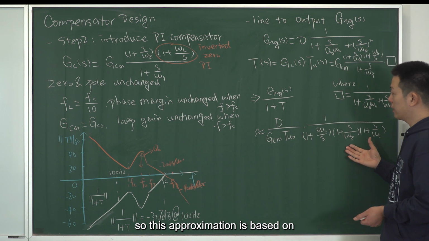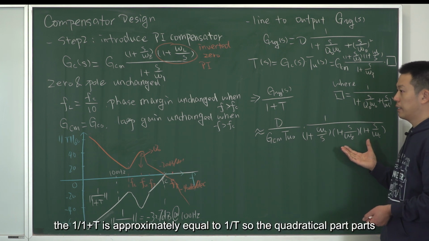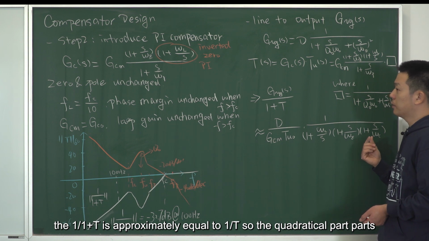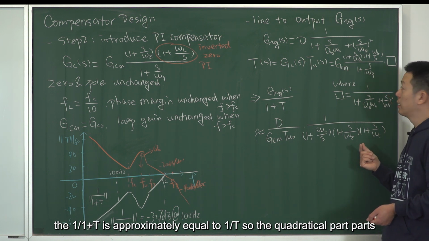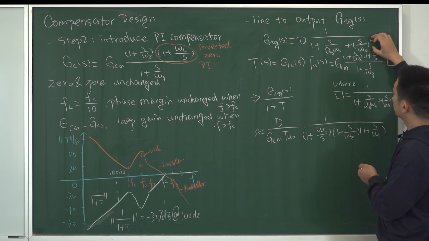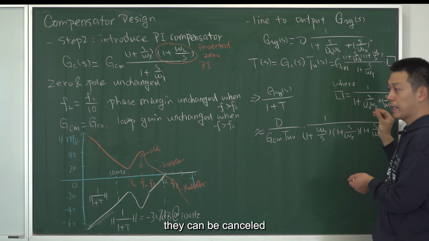So this approximation is based on the fact that for frequencies lower than the crossover frequency, 1 over 1 plus T is approximately equal to 1 over T, right? So the quadratic pole parts, the second order parts, in the denominator and the numerator can be cancelled.